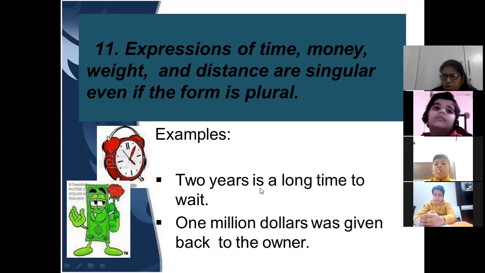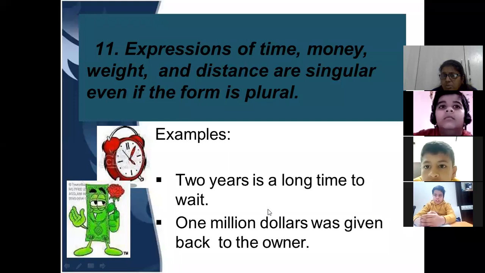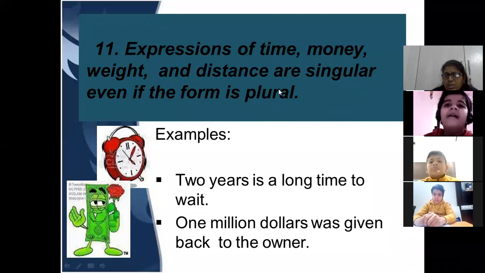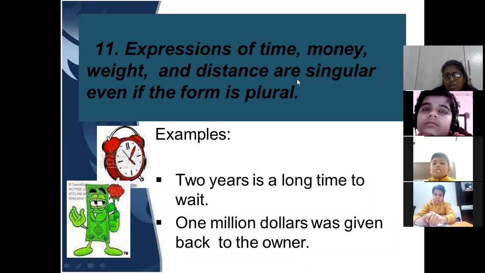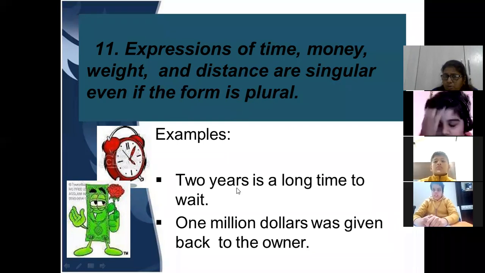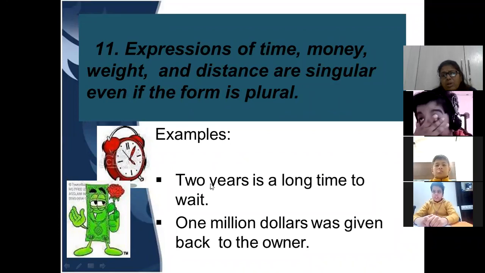Like, is only we are going to use. $1 million, not $1. $1 million was given back to the owner. So when you are expressing time, money, weight, and distance, they are singular even if the form is plural. So this is given plural, but we will use the verb according to the singular form only.